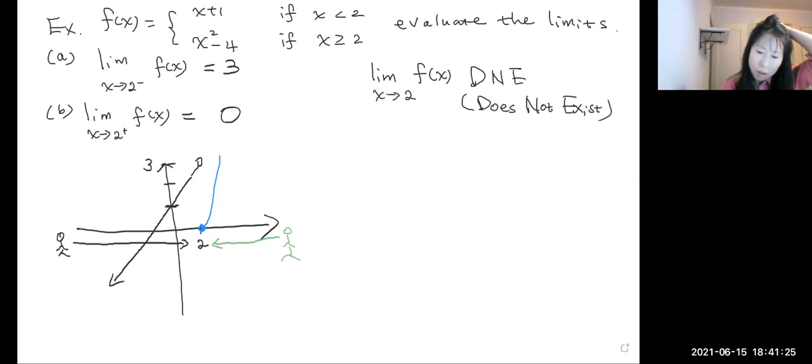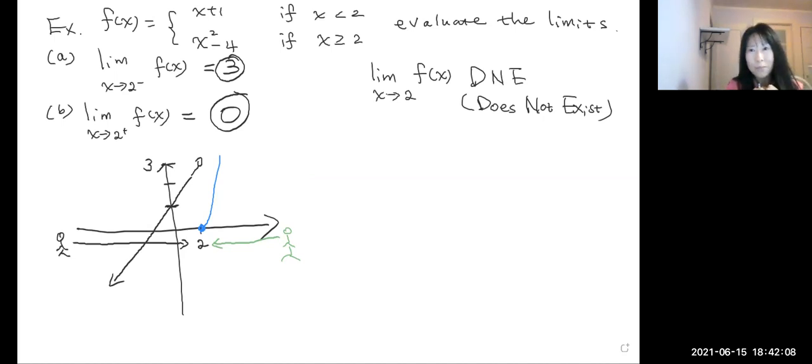Yes, it's included. I just don't get how it does not exist. Because the numbers are not matched. If it exists, it must be 3 and 3, or 0 and 0. Even though y equals 0 when x equals 2, we are following the graph, because to find the limit we evaluate the function, okay?